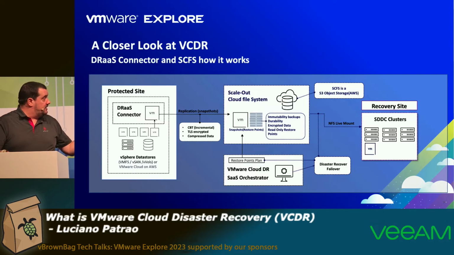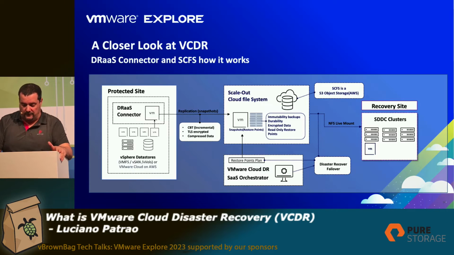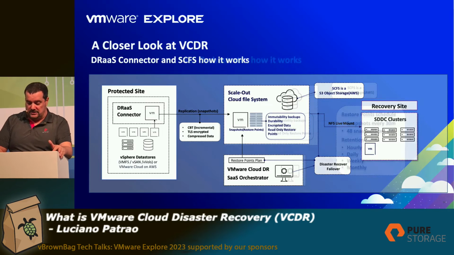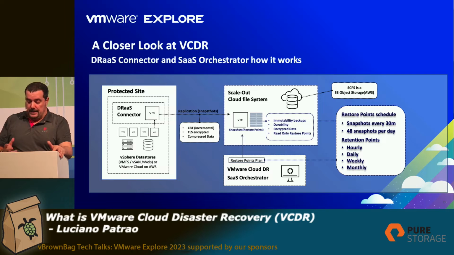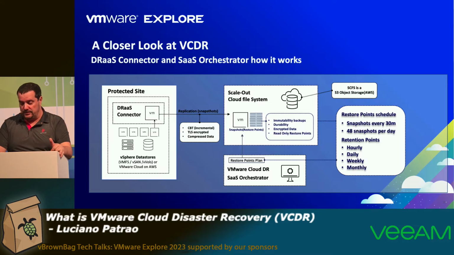As I said, these are the SDDC clusters, so you can have 2, that's the minimum, but you can build whatever you need. If you need 10, 20, 25, whatever you need for your disaster recovery. Then you have restore points. Restore points are like snapshots every 30 minutes. You can have 48 snapshots per day, and the retention is hourly, daily, weekly.